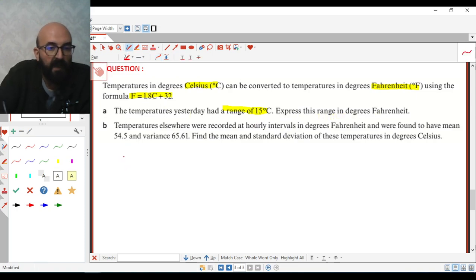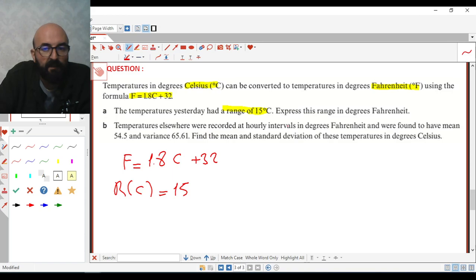In part B, the temperatures were recorded at hourly intervals in degrees Fahrenheit and were found to have mean 54.5 and variance 65.61.